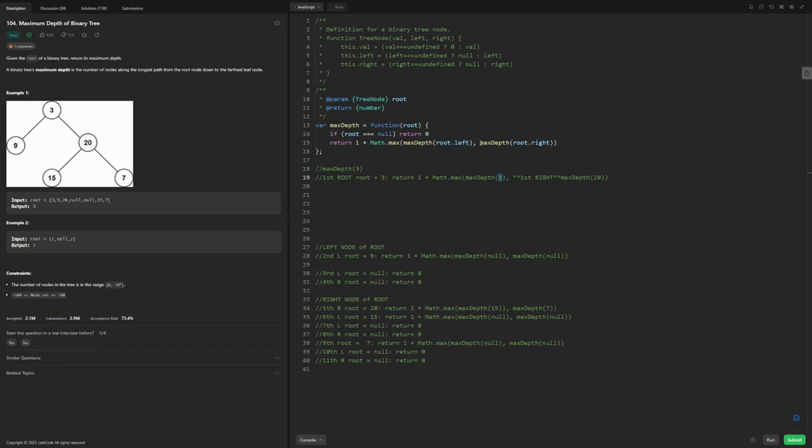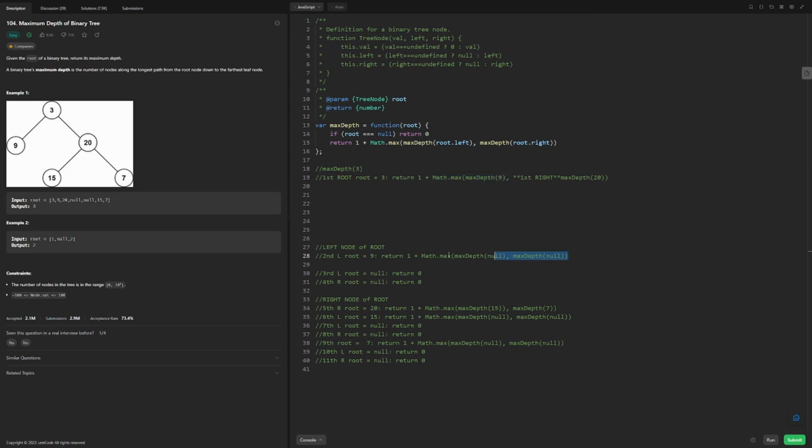And there's another part too to our Math.max function. It's the right side. So we have to check the right. So we do maxDepth again, but we pass in the right node. What's to the right of 3? 20. But hold up, we're not going to actually execute this function for a while. We have to go through first and check all of the left nodes.